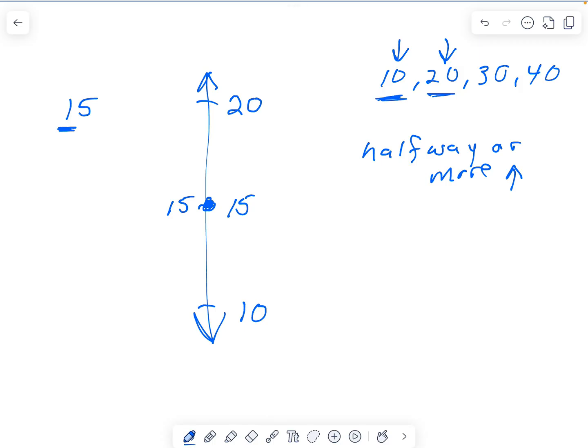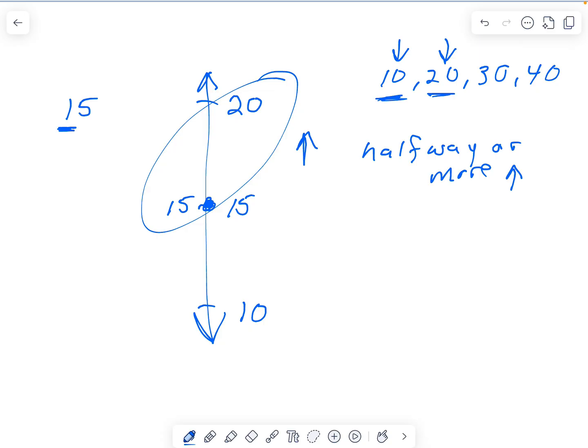Not because it's closer to 20, but because to make life simple for everybody, we all follow the same rule. So 15 is going to round up to 20. Again, it's a rule that was created. 15 is not closer to 20 and not closer to 10. It rounds up because it is on the halfway point.